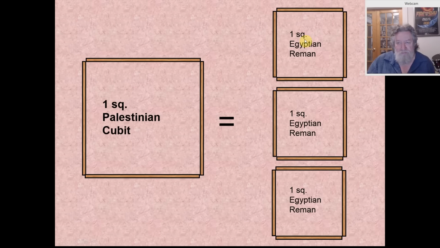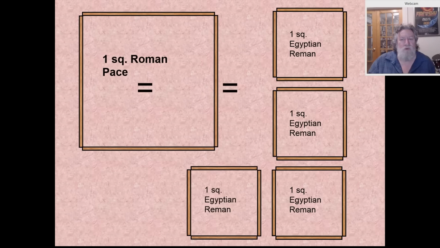So if we were able to cut this up and fit it into this 1 square Palestinian cubit, exactly 3 of these Egyptian Remens would fit within the Palestinian cubit. We look at the 1 square Roman pace, and it's equal to exactly 4 square Egyptian Remens in area. Again, perfectly commensurable.